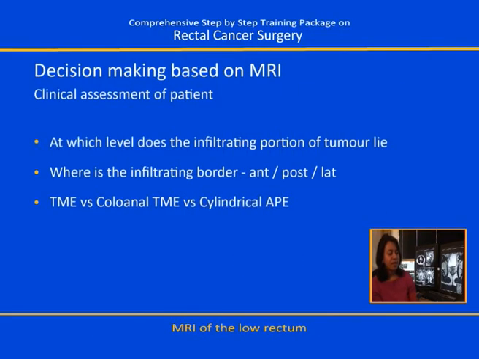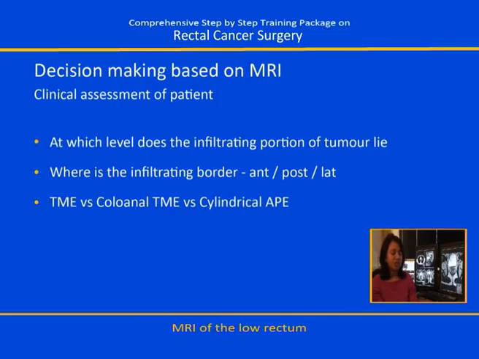So the decision process and the discussions that occur in regard to low rectal cancers are a little bit more complex than what we discuss for mid and upper rectal cancers. We're thinking about the relationship of the tumour to those structures, the puborectalis sling, the external sphincter, the levator muscle. We're also thinking about exactly at what clock position the infiltrating border of the tumour is lying.